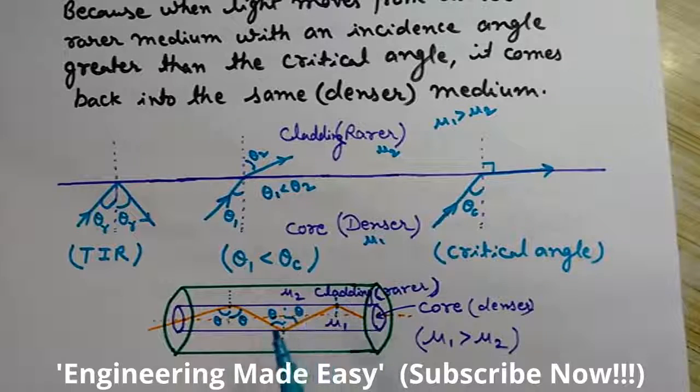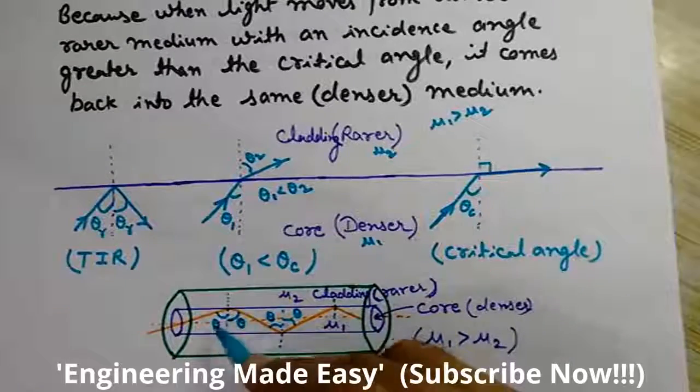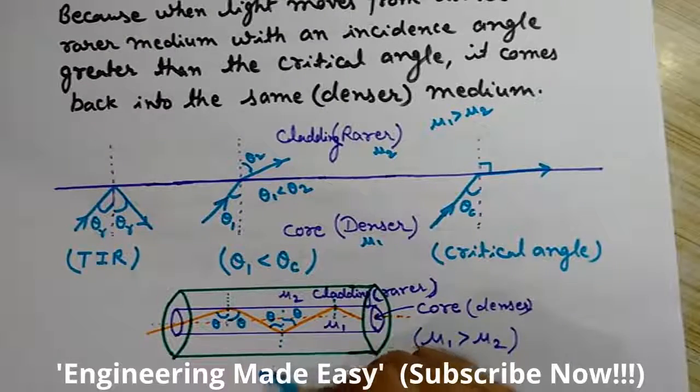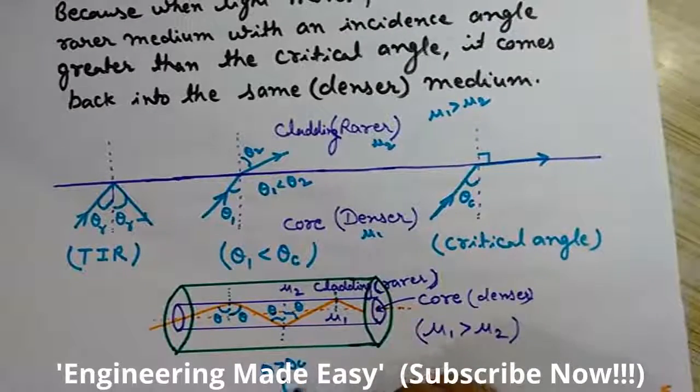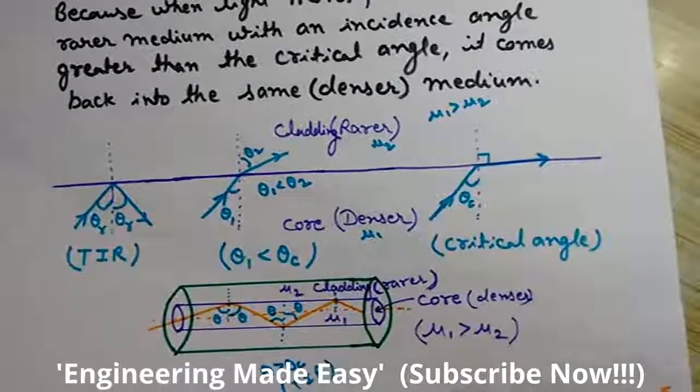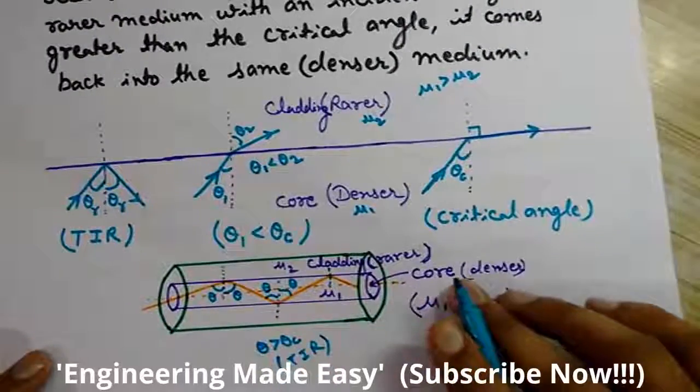So understand the concept here. In the same way, here we have the denser medium and the rarer medium of cladding. When light ray moves from this denser to rarer, instead of going in this medium, since this theta here is obviously more than theta critical, the TIR takes place, total internal reflection takes place.